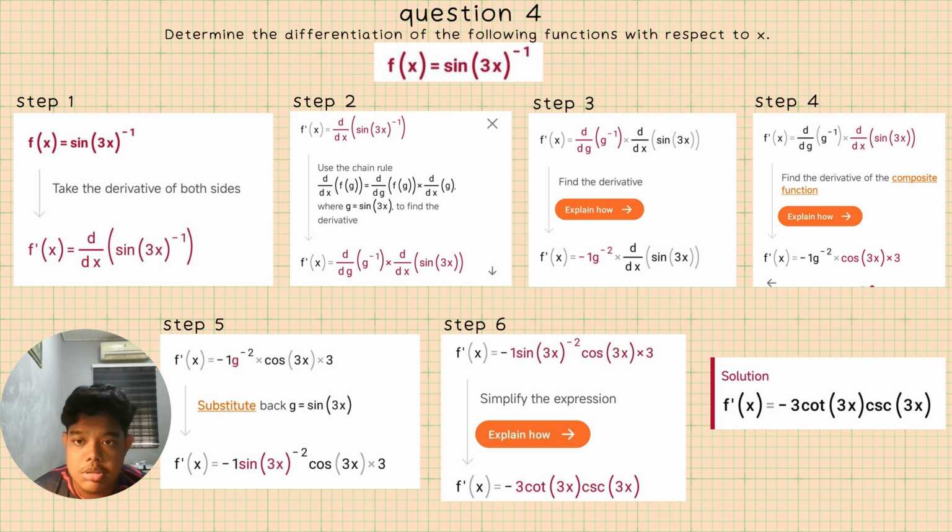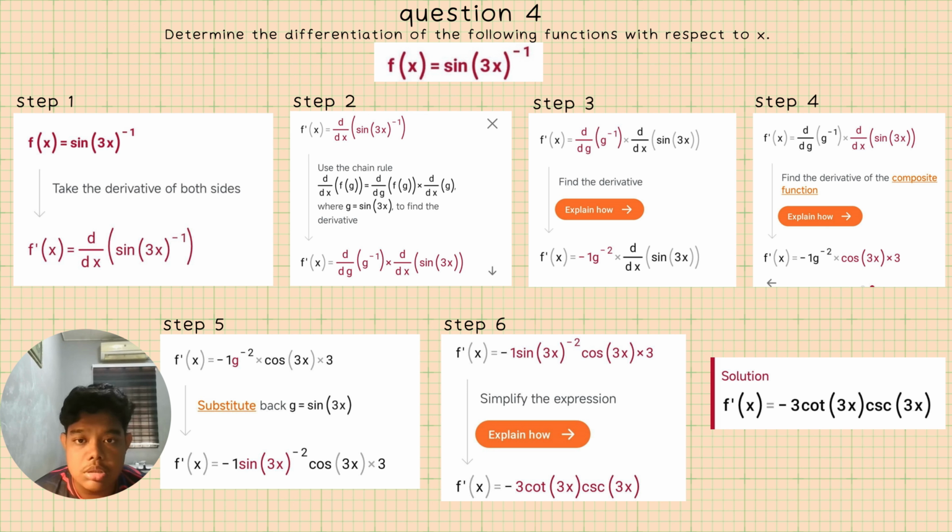So first we must take the derivative of both sides. So you will get f prime x equals d/dx of (sin 3x) to the power of negative 1. With that we use step 2, the chain rule.